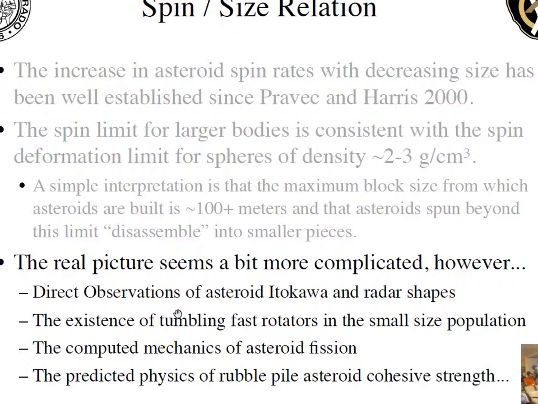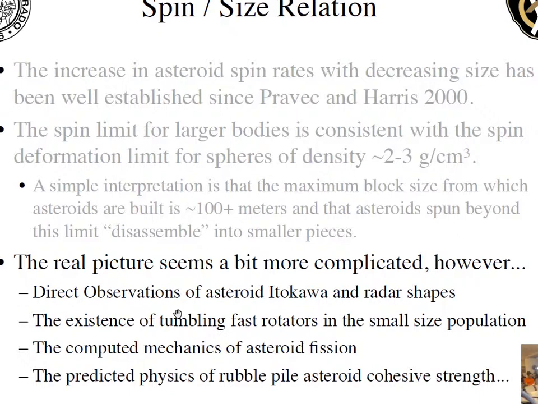And one point I just want to make is that people often look at this limit as the spin limit, and if you spin any faster than this, the body will just fall apart. Because this is roughly the spin rate at which a pebble on the surface of a body of a density of about 2 or 3 will actually go off into orbit. But that's actually not the way the mechanics works.